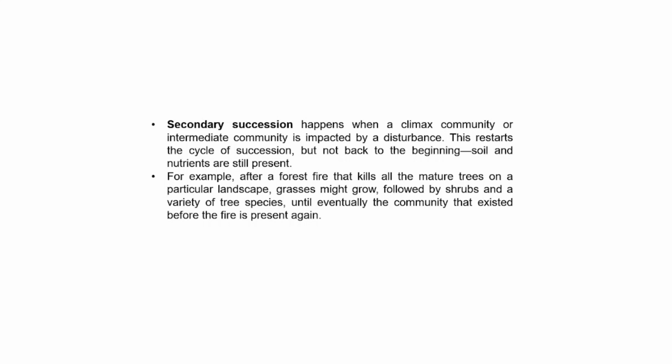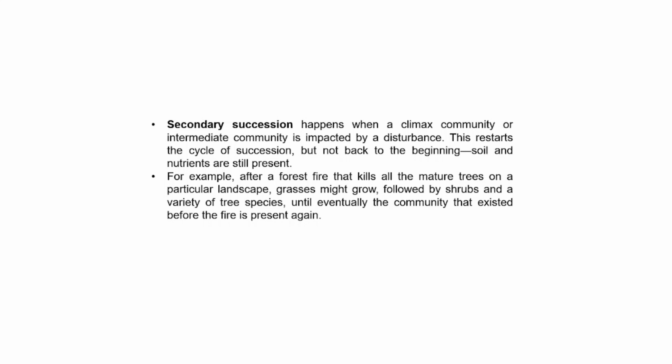It is impacted by any kind of disturbance, maybe a forest fire, any natural calamity or disaster, and this restarts the cycle of succession, because once there's a natural calamity, any sign of life will cease to exist there. There'll be nothing left. So this restarts the cycle of succession, but not back to the beginning, because soil and nutrients are already present. That's why this is very different from primary succession, because nothing is starting from scratch.